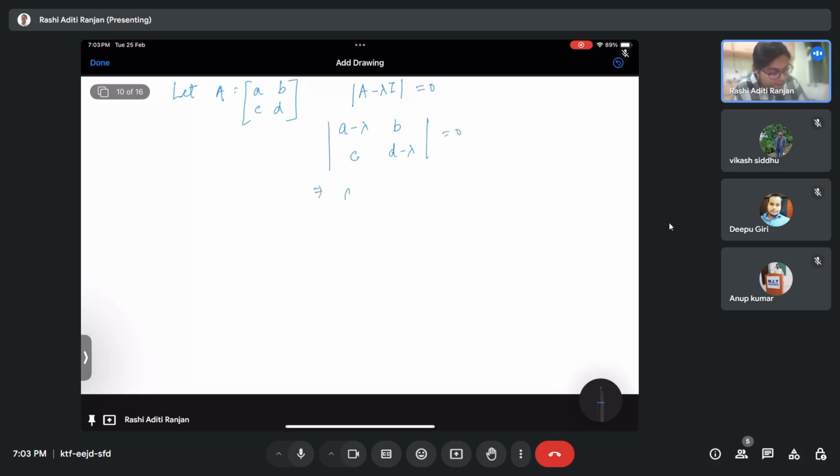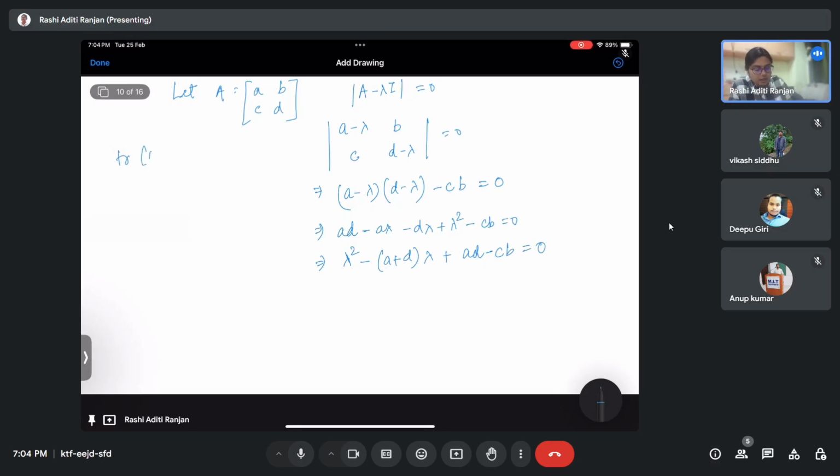If you look carefully, the trace of A is A plus D. Let us consider this as tau.